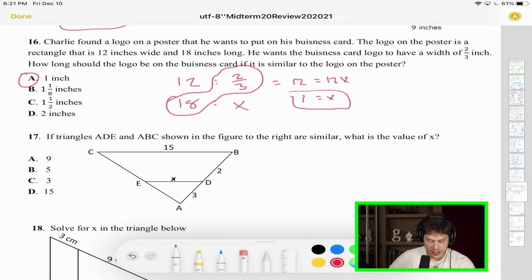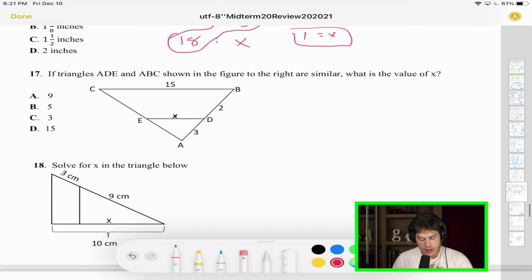If triangles ADE and ABC shown in the figure are similar, what is the value of x? So this big triangle is similar to this small triangle.